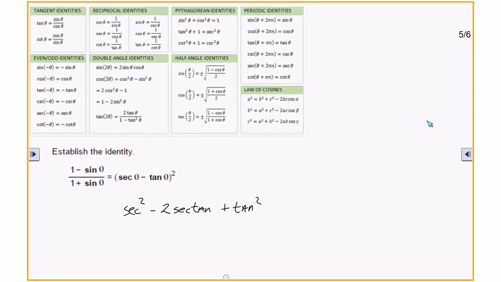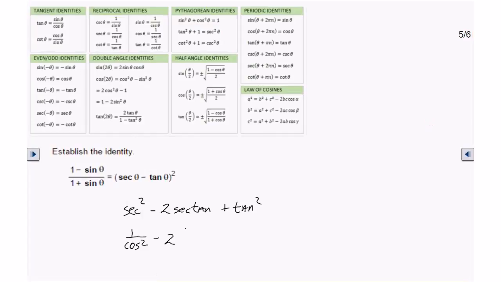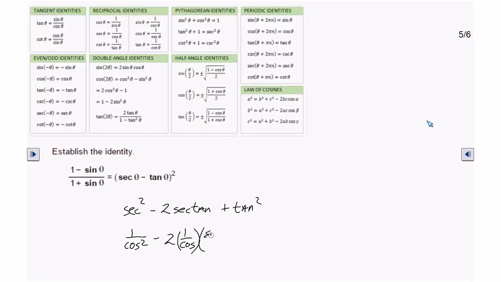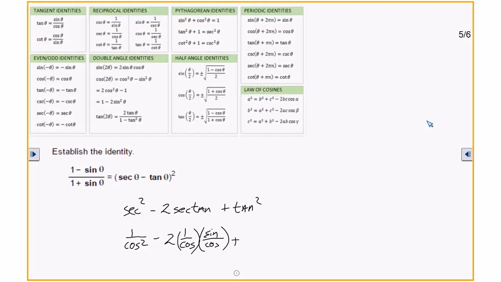We could rewrite everything. Secant is 1 over cosine. 1 over cosine squared minus 2. Secant is 1 over cosine. Tangent is sine over what? Cosine. Tangent is what? 1 over cotangent.